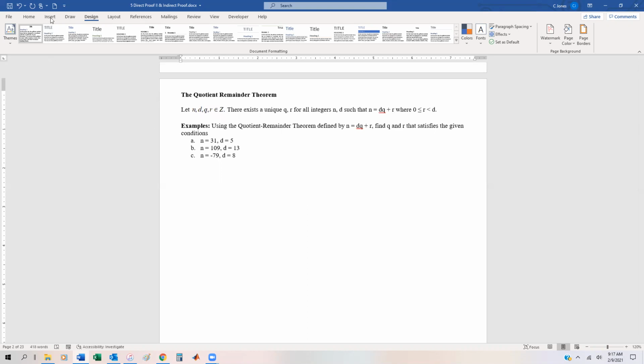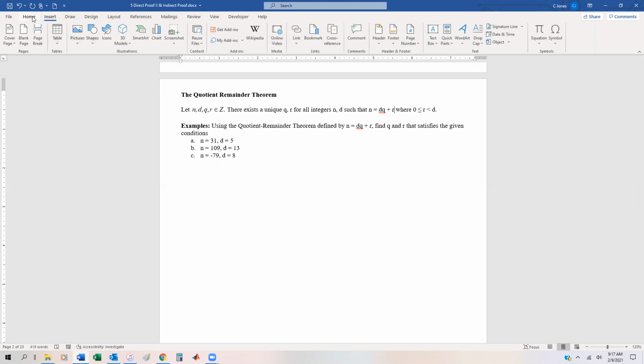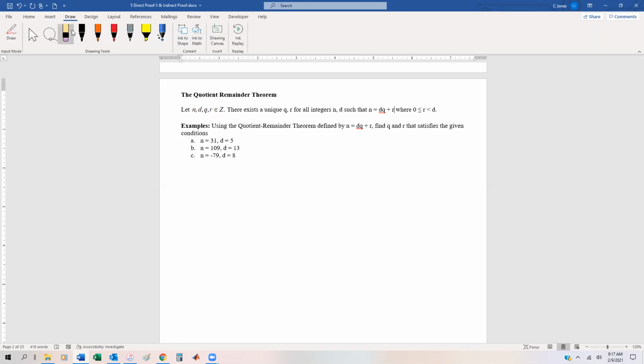So let's just take each of these different numbers and see if we can write them using the quotient remainder theorem. So we have n is equal to 31, and we're going to define d as 5. So if we're writing this, we're going to have that 31 is equal to 5q plus r.